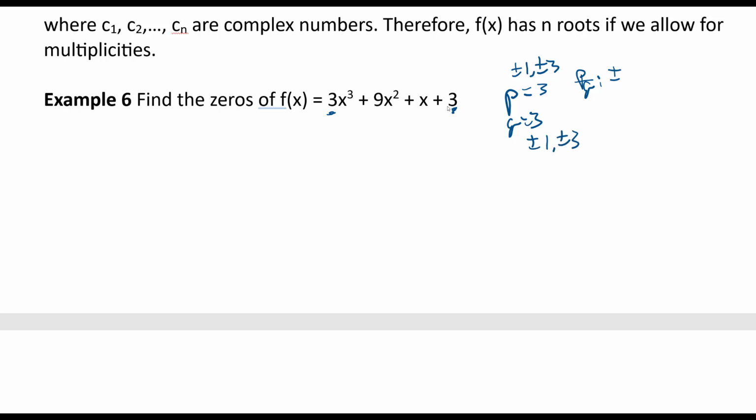So we're looking at plus or minus 1 over 1, plus or minus 3 over 1, plus or minus 1 over 3, and plus or minus 3 over 3, which is just 1. So really we're looking at plus or minus 1, plus or minus 3, and plus or minus 1/3.